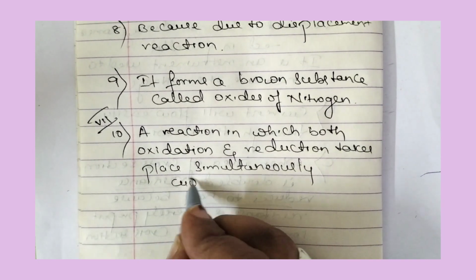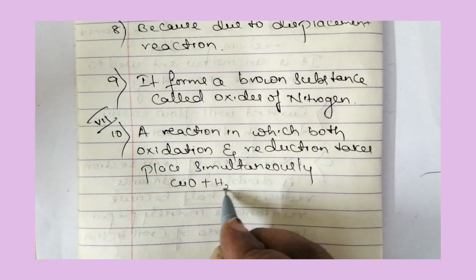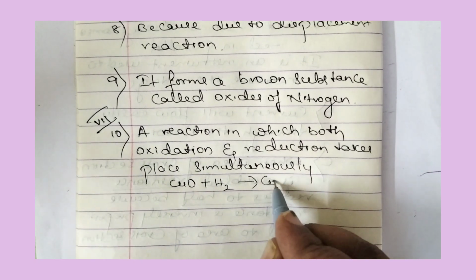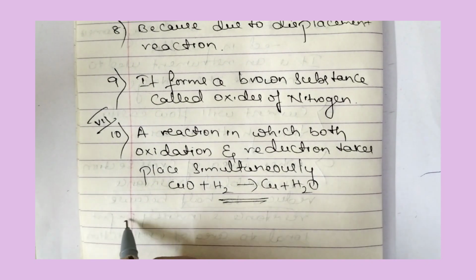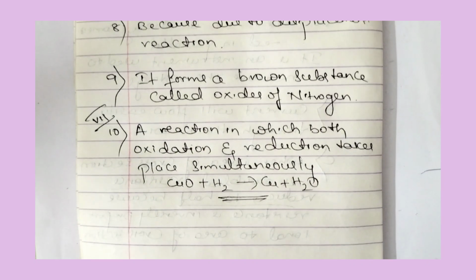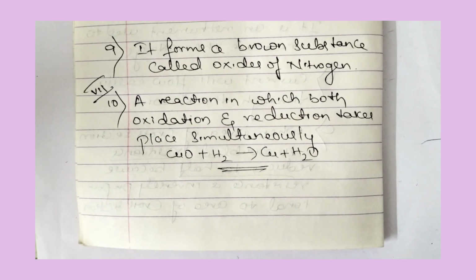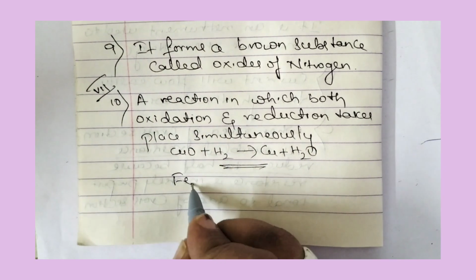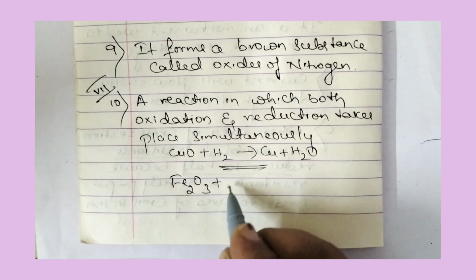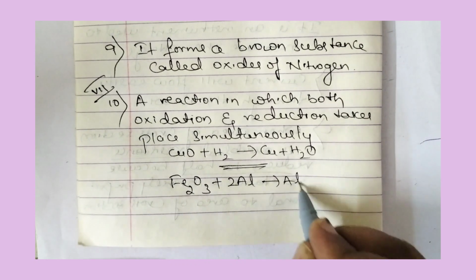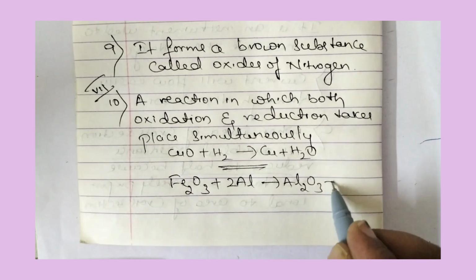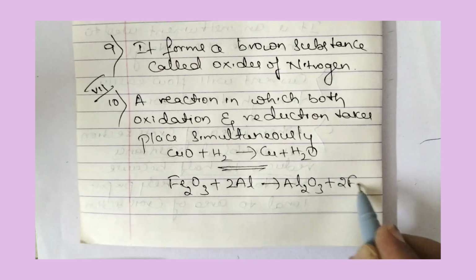For example, CuO plus H2 gives Cu plus H2O. In that, one more question is there. Fe2O3 plus 2Al gives Al2O3 plus 2Fe.